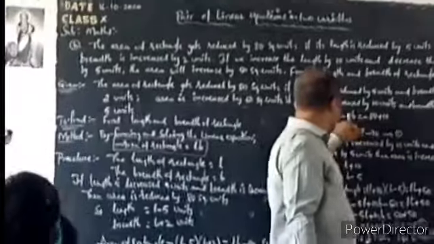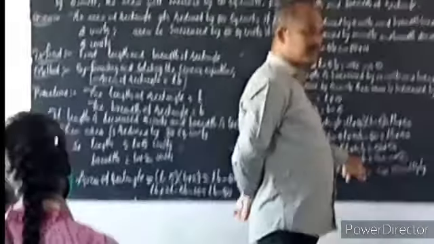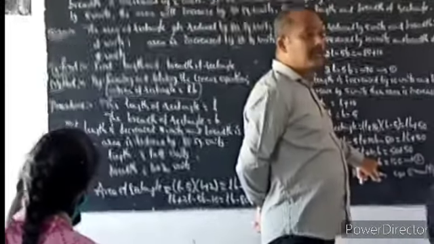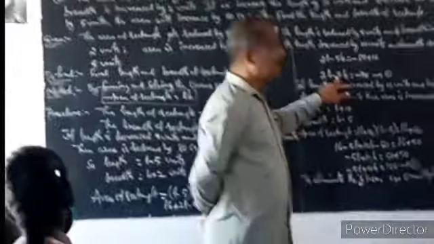Here B coefficient is minus 5, here B coefficient is 10. 5 is a multiple of 5, 10 is a multiple of 5. So equation 1 only multiply with 2.